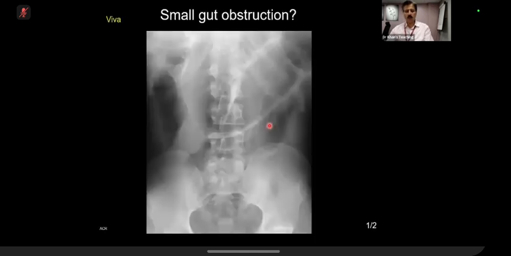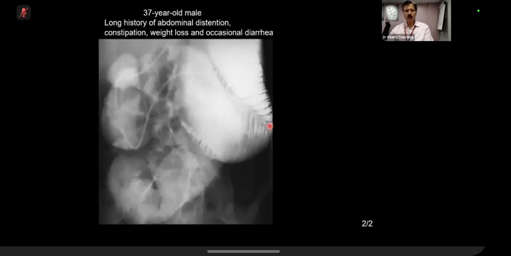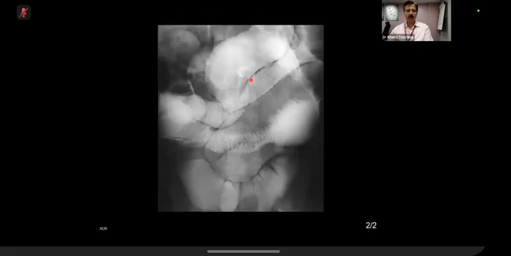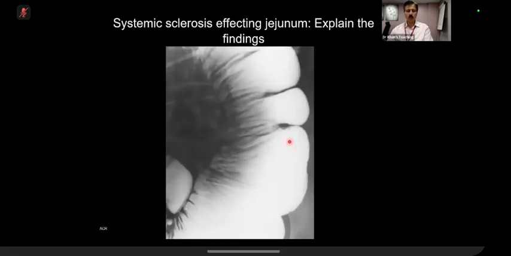So these two findings are pathognomonic for scleroderma. This appearance is known as hide-bound bowel appearance, synonymous with the hide-bound appearance of the skin of the patients, which becomes very hard, just like cattle hide. And the same finding on a plain film can also be shown.